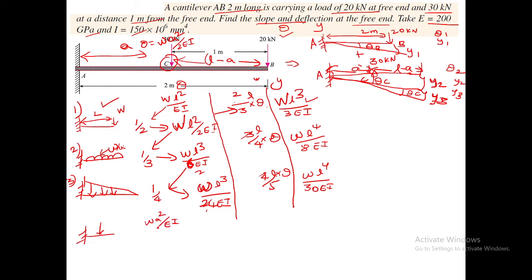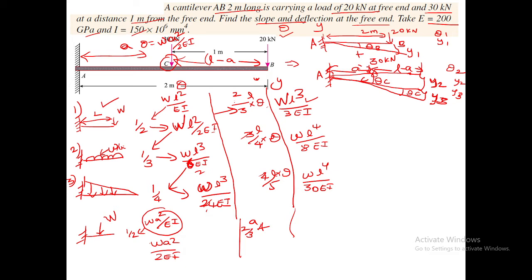Using WA square by EI, multiply with 1 by 2, so the slope is WA square divided by 2EI. The corresponding deflection equation is multiplied with 2 by 3 A.